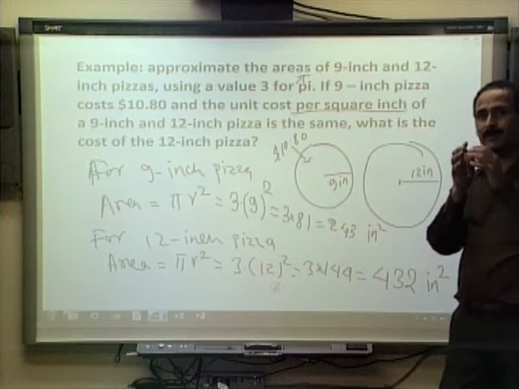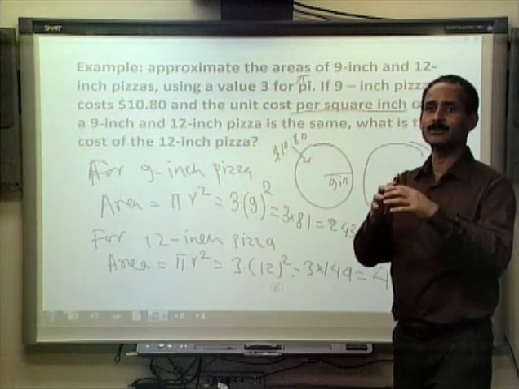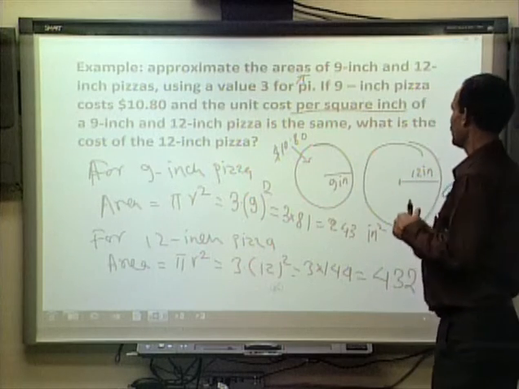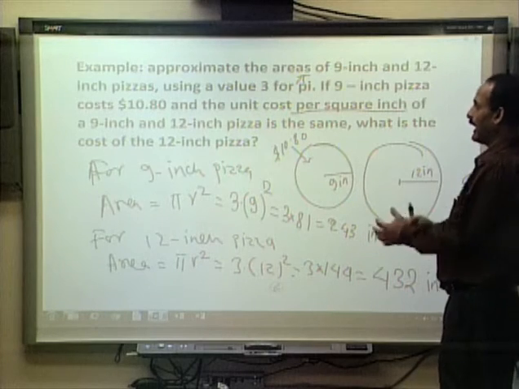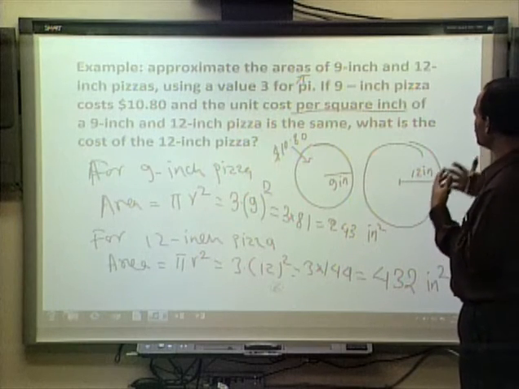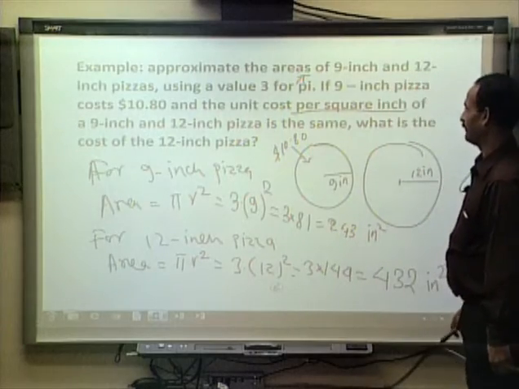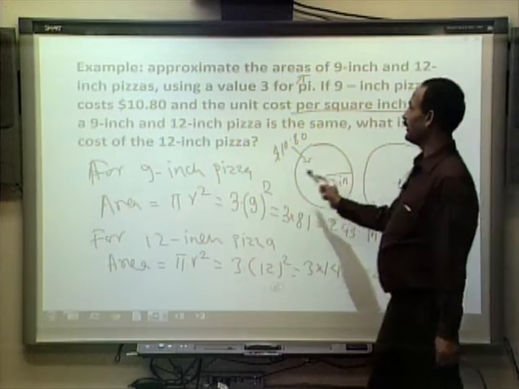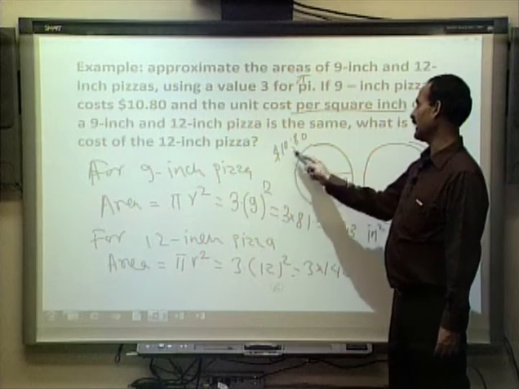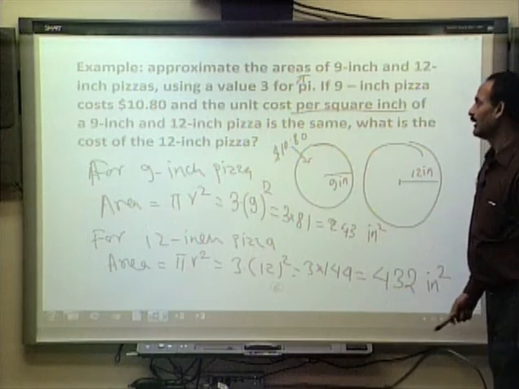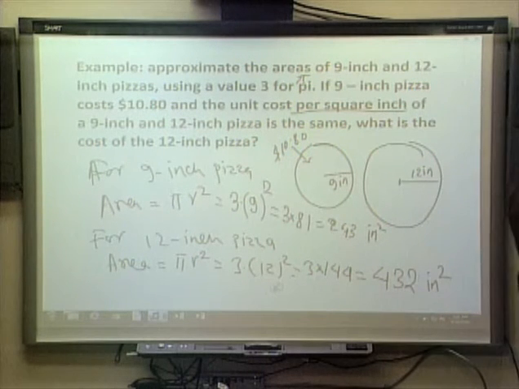So, for every square inch of the pizza, the cost is the same. What will be the cost of the 12-inch pizza? Basically we know the cost of the smaller of the two pizzas, the 9-inch pizza, is $10.80. We want to know how much this 12-inch pizza will cost.